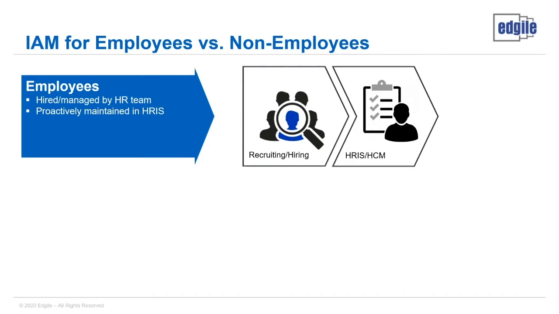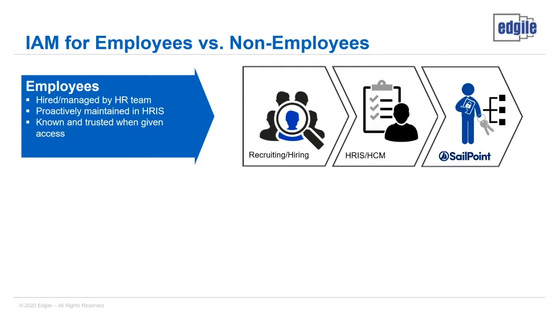So when it comes to employee IGA, we can rely on this HR system and that data to feed systems like SailPoint in order to really connect this process from start to finish, allow SailPoint to have that system of record for employees and be able to properly govern the access that those employees are getting based on that data. This is why we don't see the same sorts of gaps for employees as we do for non-employees.